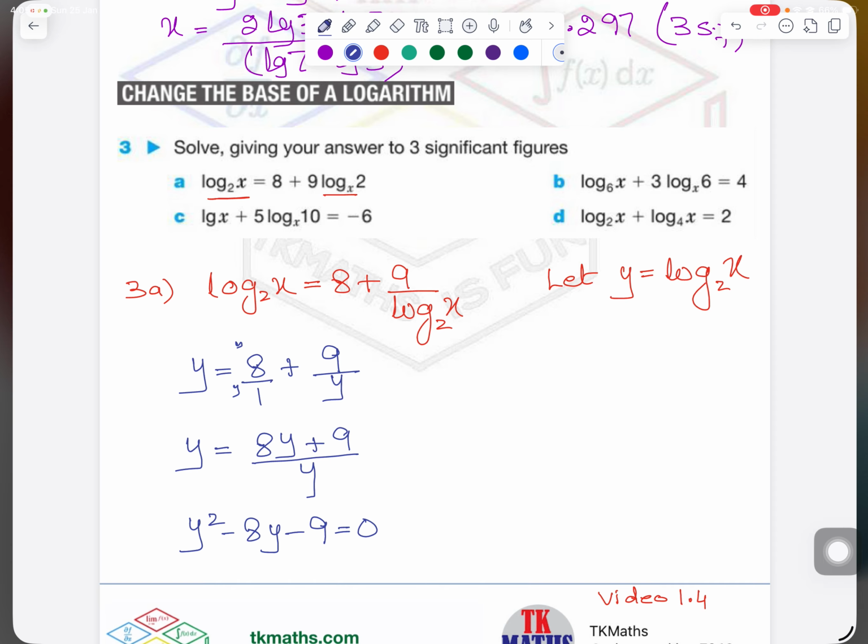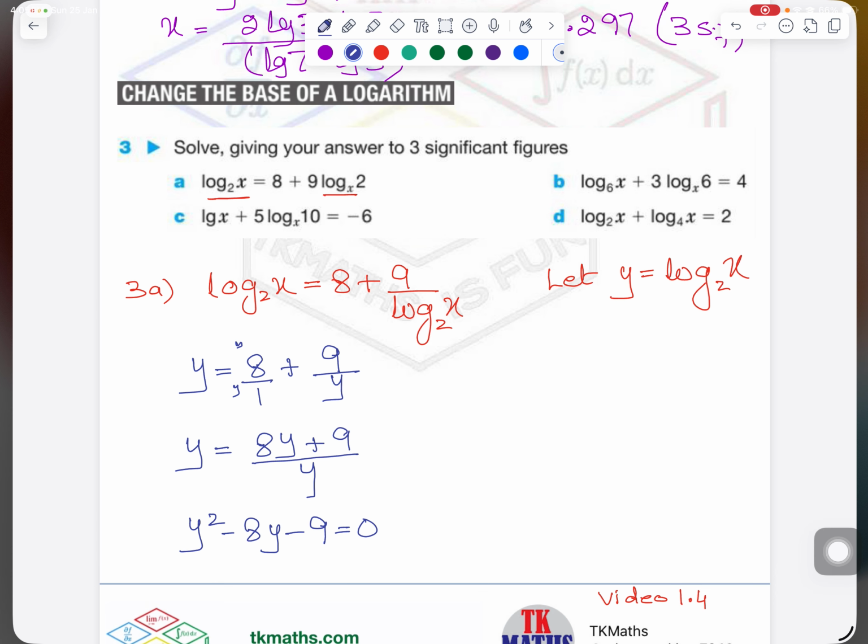Now you need to solve it, a quadratic equation. I'm using the calculator, you can use the calculator or do it mentally, whatever you're good at.